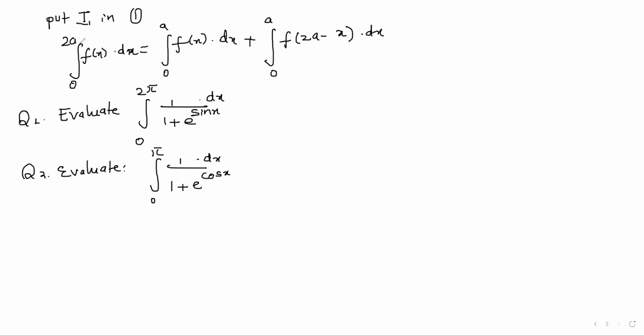With 2 का मतलब ये नहीं है कि हमारे पास 2 पाई ही होगा. For example, अगर हमारे पास 0 to pi है, तो we can use this formula. We can say that this is 2 into pi/2. ठीक है मित्र? Yes, sir.